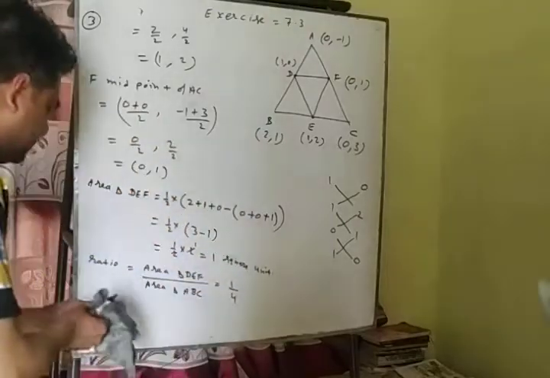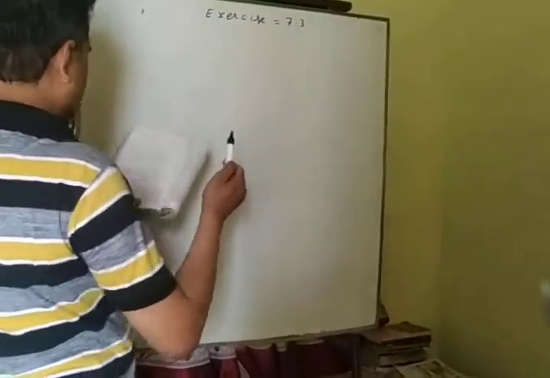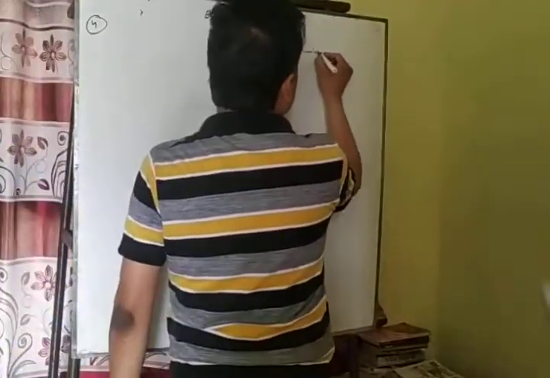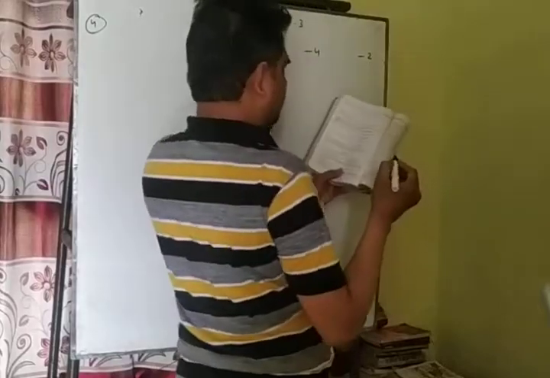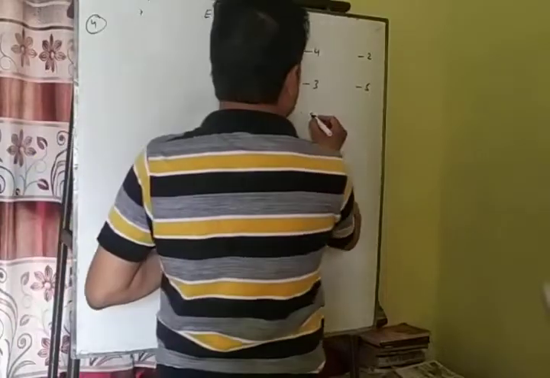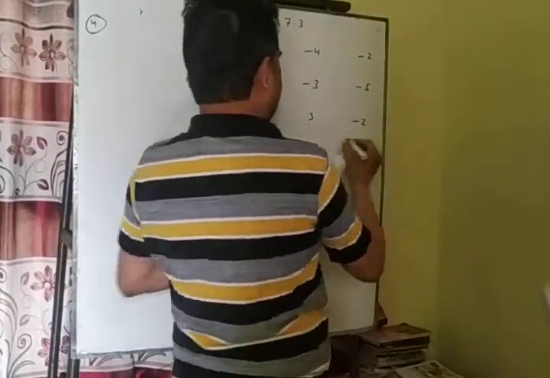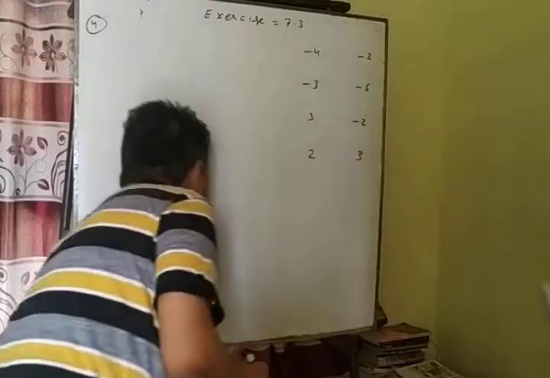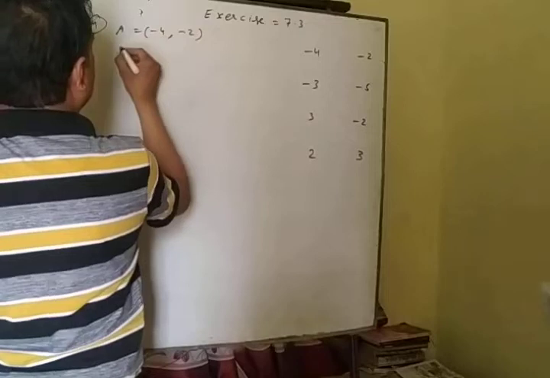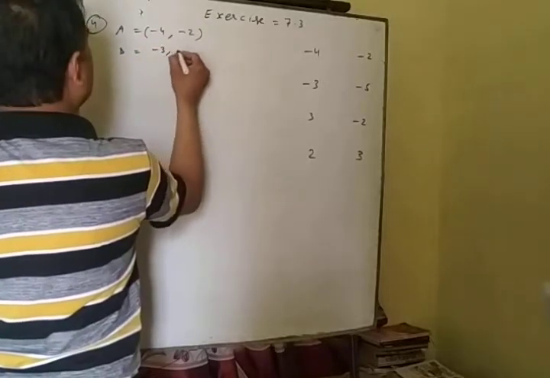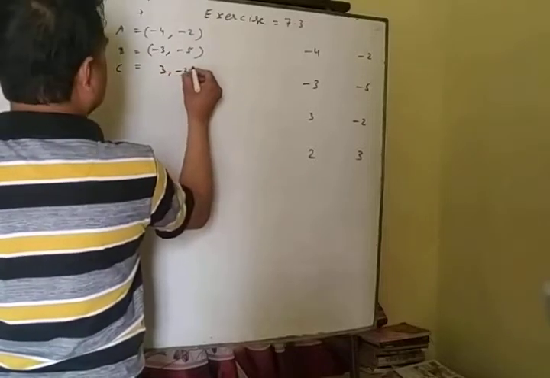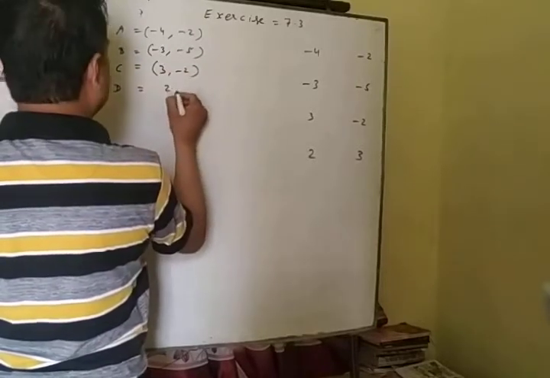Now next sum number 4, area of quadrilateral. Firstly, A is -4 -2, B is -3 -5, C is 3 -2, D is 2 3.